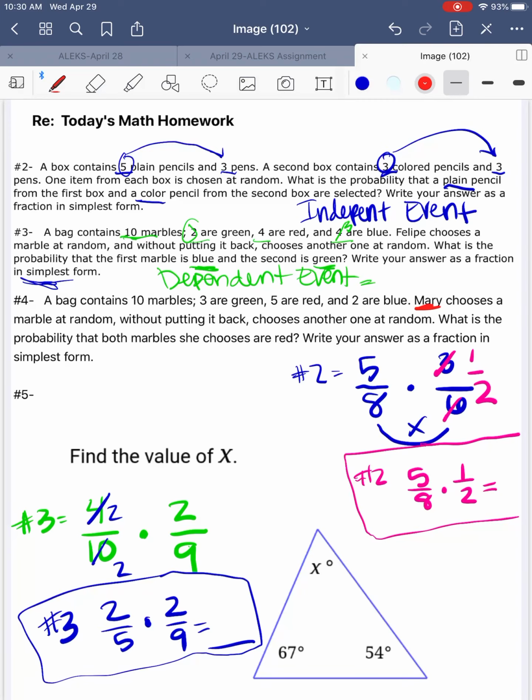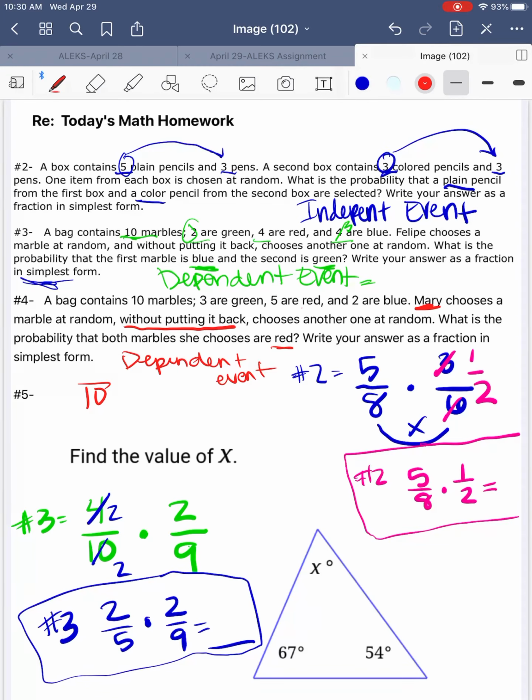So the fact that it says without putting it back tells me again that this is another dependent event, which basically just means the denominator of the second fraction in these problems will be 1 less than the first fraction. So she has 10 marbles, and it wants to know the probability of choosing red both times.